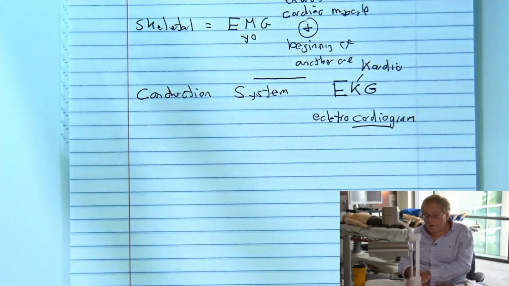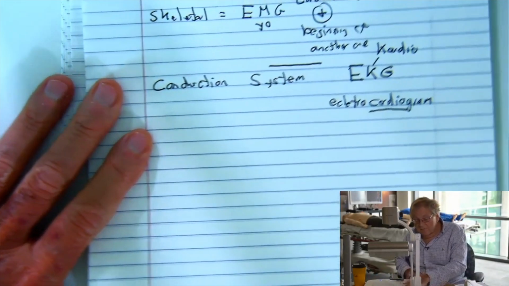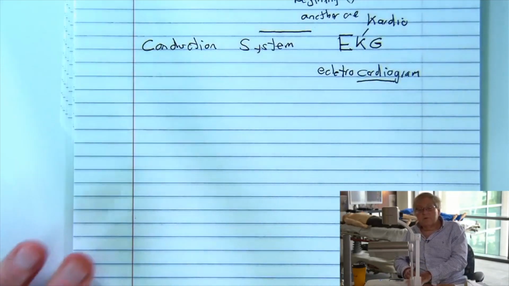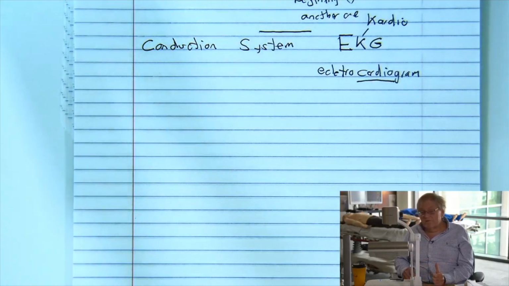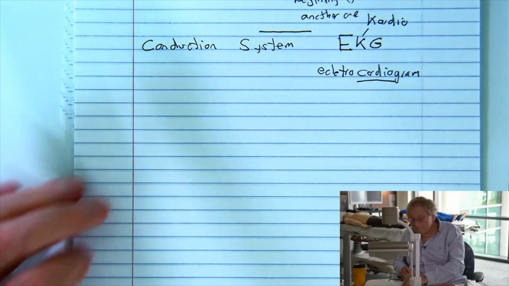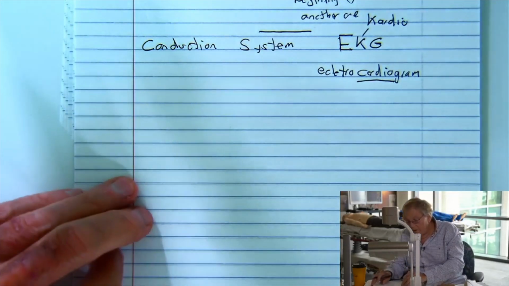So now all we want to do is look at two things. We want to look at the conduction system of the heart, and we want to look at a very basic EKG. So let's first of all understand a real basic EKG.